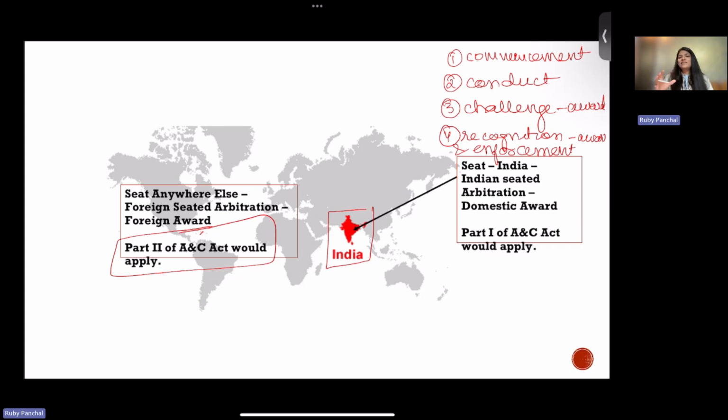So, on the whole, any legal framework which would regulate an arbitration process could provide for these four features.